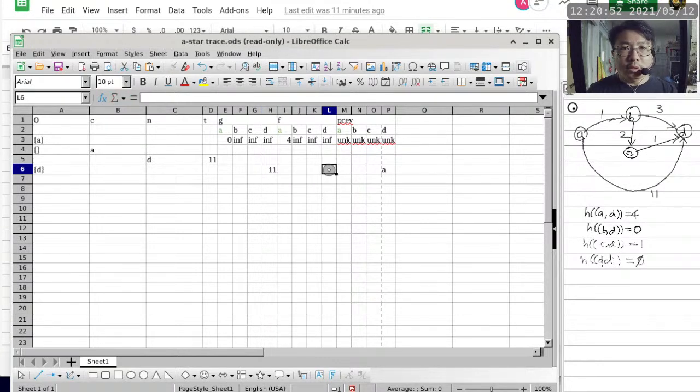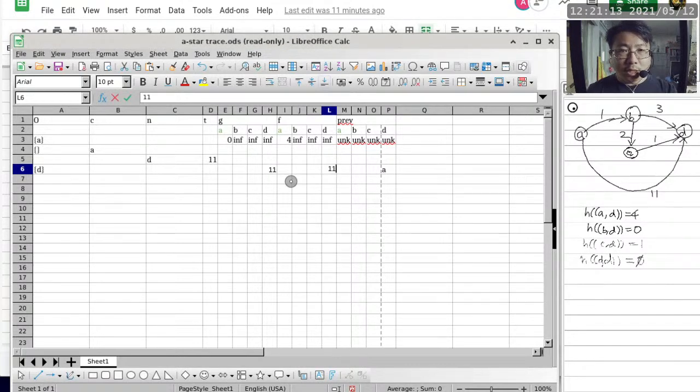And then the last thing we do is to update the estimated length of the shortest path from the start vertex through vertex D to the destination, which is also vertex D. So we have to add to G of D the value of H of DD, which is 0. And that makes sense, right?